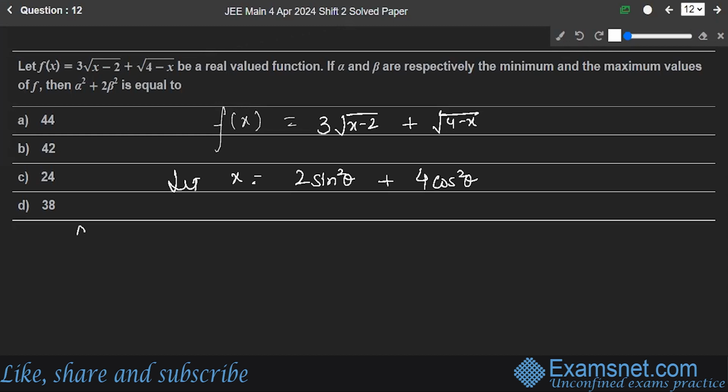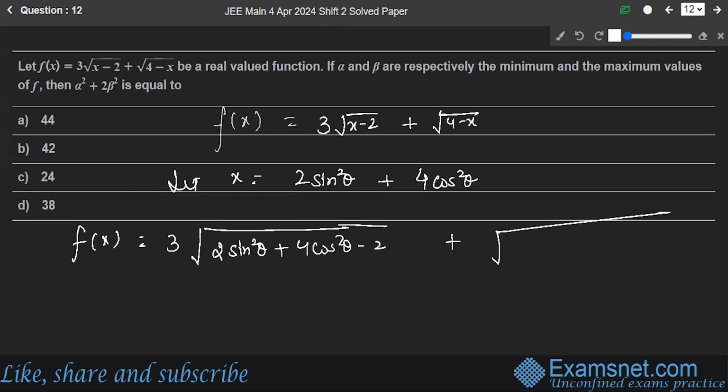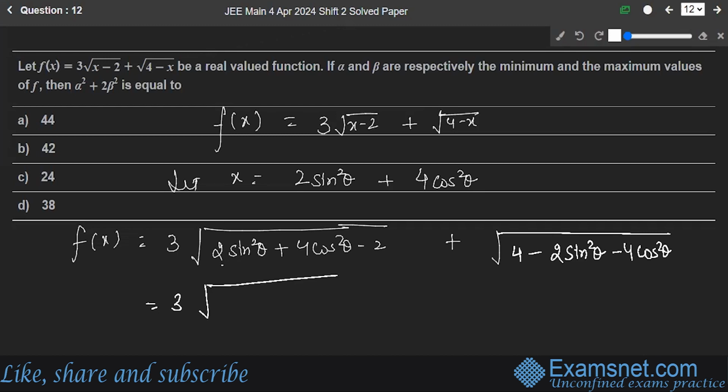So your f(x) will be equal to 3 root of 2 sin²θ, 4 cos²θ minus 2, plus root of 4 minus 2 sin²θ, 4 cos²θ. So this is 3 root of, see 2 sin²θ, I'm taking 2 cos²θ from here. So this will be 2 plus 2 cos²θ minus 2.